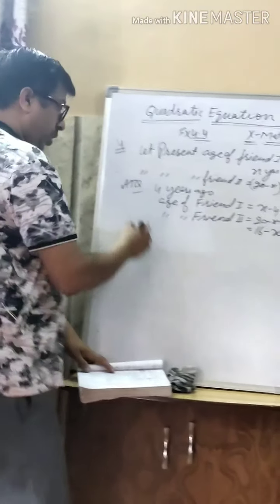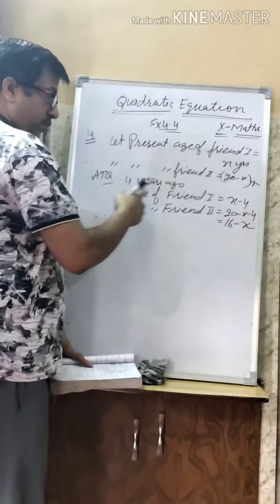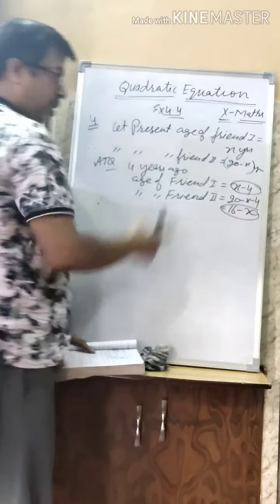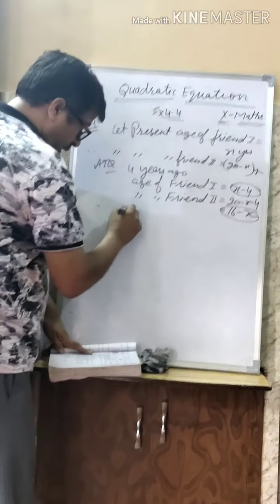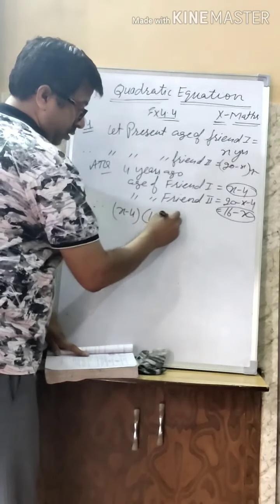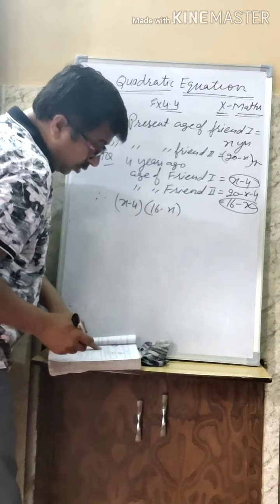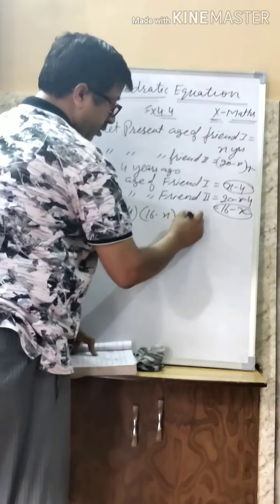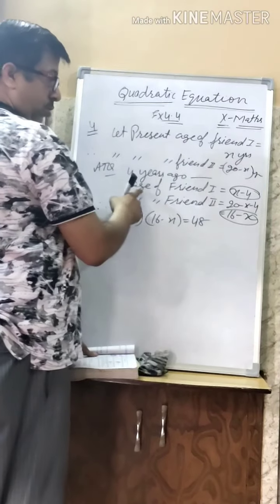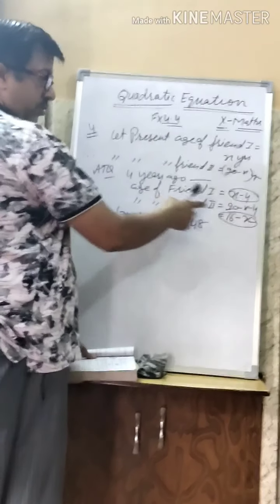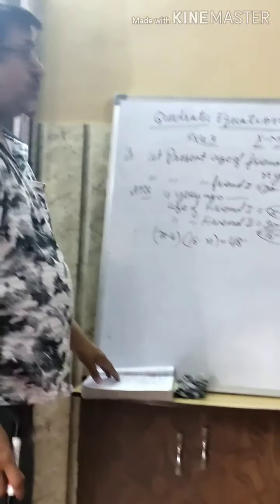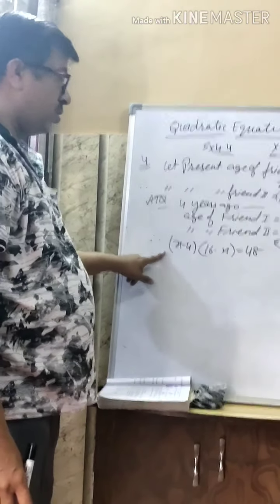Four years ago, the product of their ages was given as 48. So now my dear students, this is the main equation.